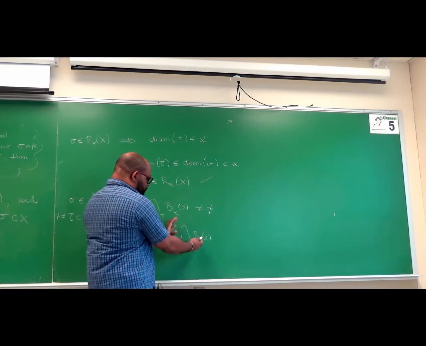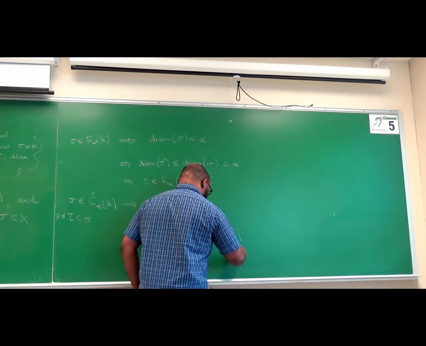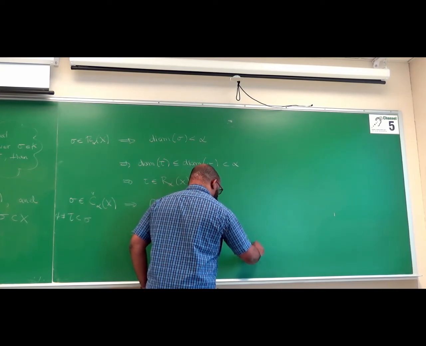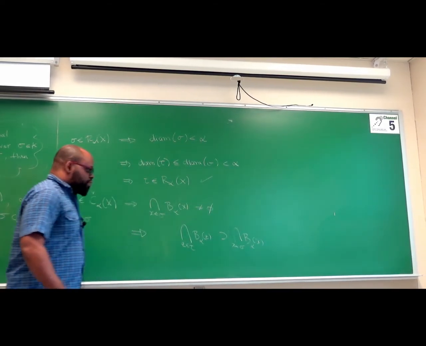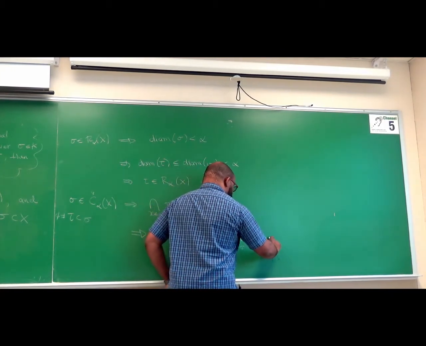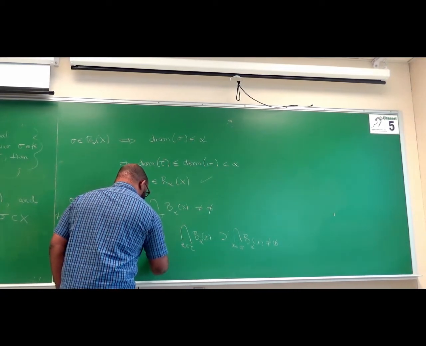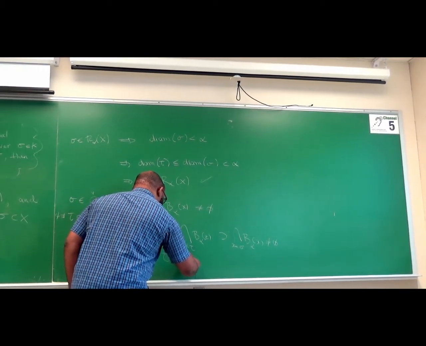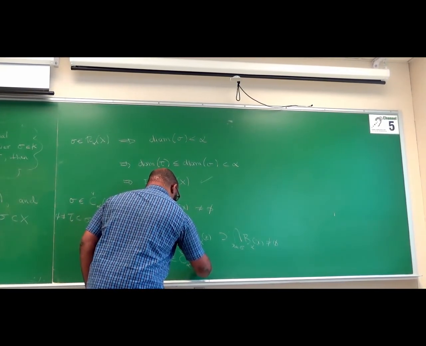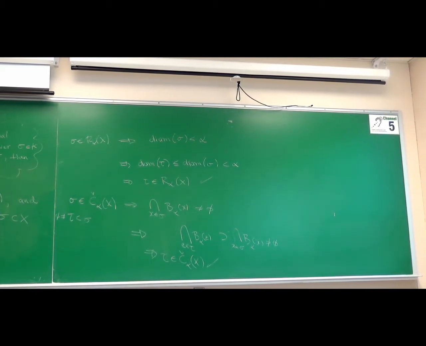So in particular, this is a bigger set than this. And since this was non-empty by assumption, then this is also non-empty. And that implies that tau is in the Čech complex. Done. Okay, so that was 1A, just to get the blood flowing.